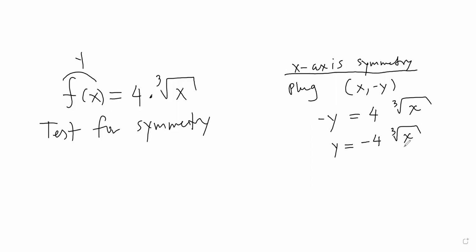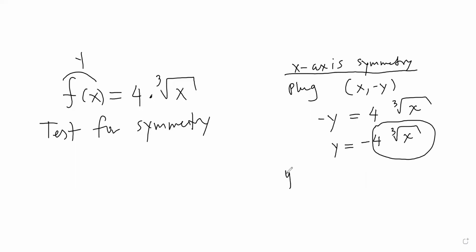So this guy right here is going to be the original y, but you don't get the original one back, right? You get the opposite of that back, because this negative right here is sort of extra. So there is not going to be x-axis symmetry here, right?